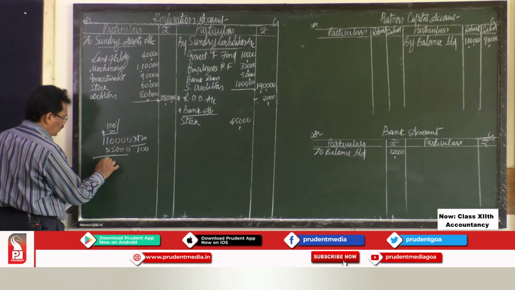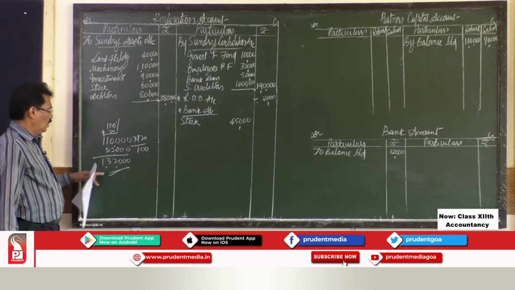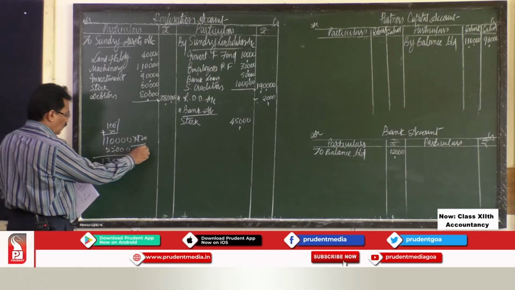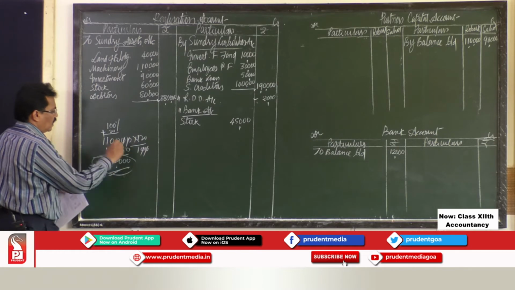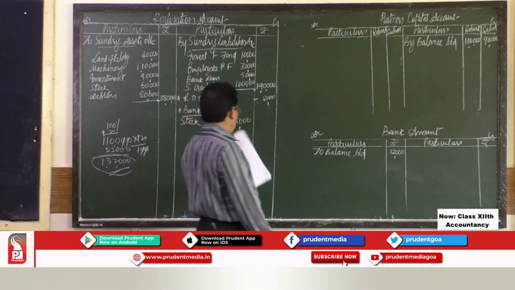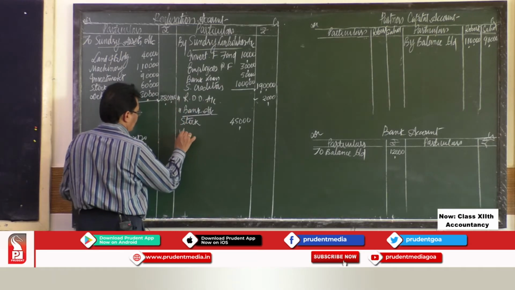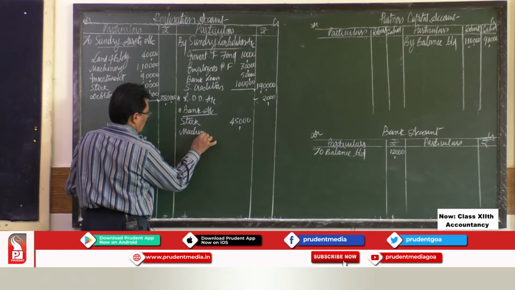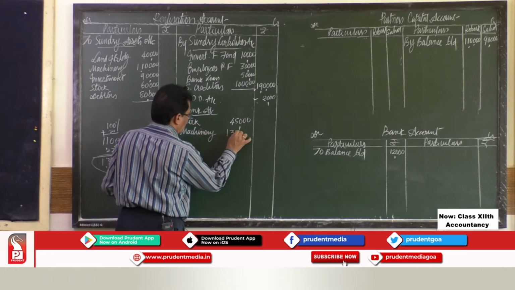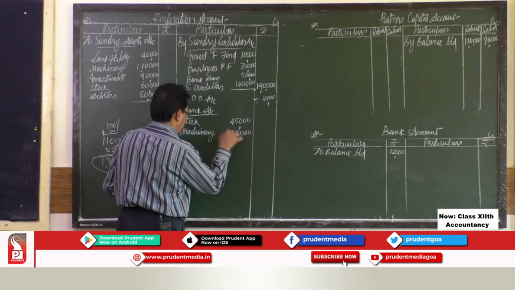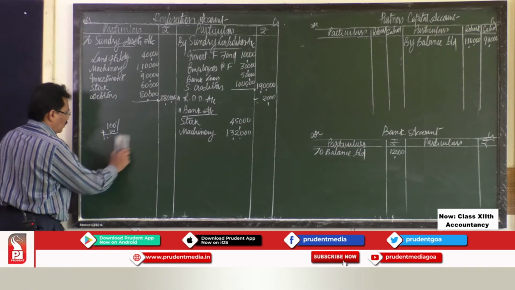So, it becomes 1,32,000. Or if you cancel this and multiply, you will get the same amount, 1,32,000. So, machinery realized is 1,32,000.